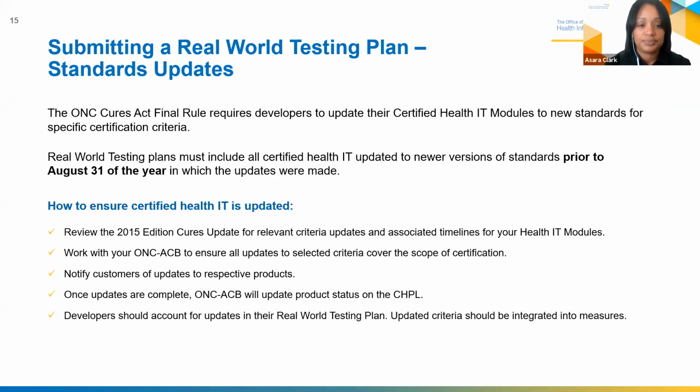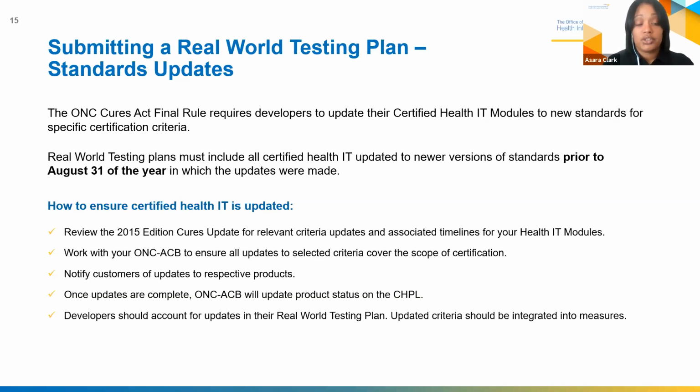We'll go over that in a second. But these are accounted for in real world testing. So when you make these updates, you don't have to go back to your ACB for them to evaluate these changes. You actually include these updates in your real world testing plan so that you can go out and test it in a real world production environment in a real world scenario.